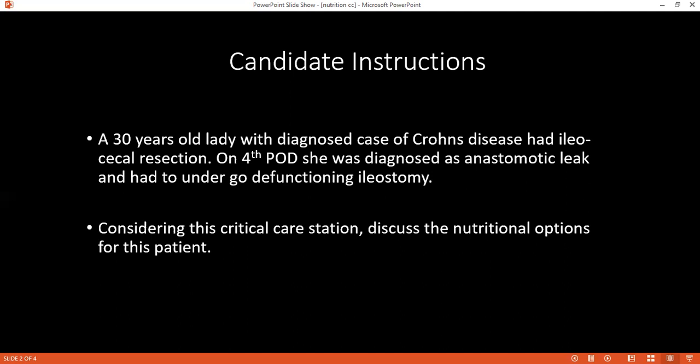Okay, the bell has gone, but one last question, please. When a patient has been given TPN, total parenteral nutrition, why does bowel mucosal atrophy occur? Gut mucosal atrophy, why does it occur?